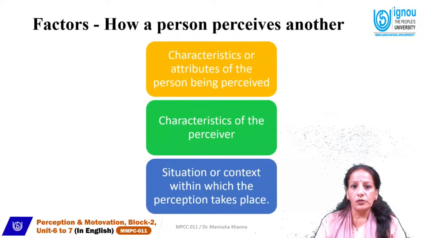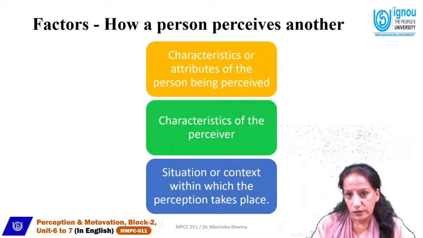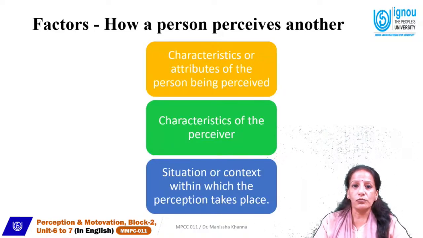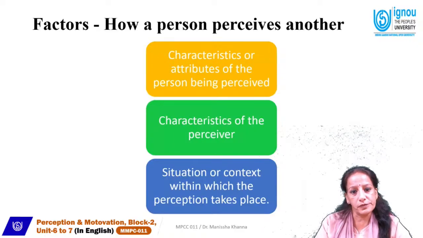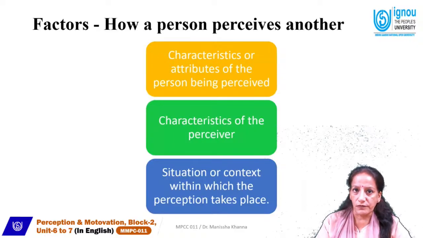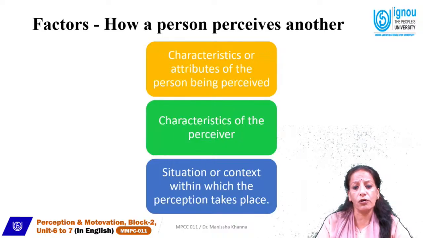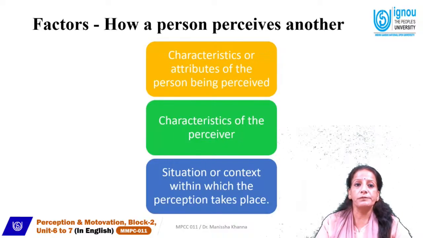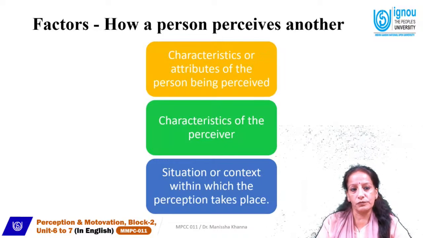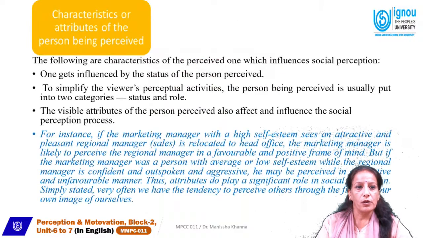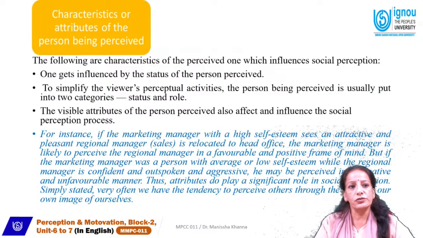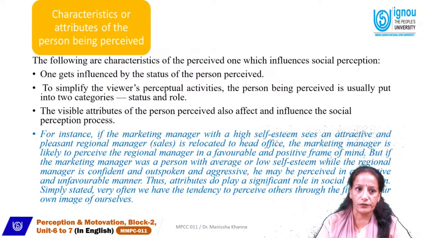So, factors in how a person perceives another. This is very important, not only at the workplace but also in a general manner. The characteristics or attributes of the person being perceived, characteristics of the perceiver, and the situation or context within which the perception takes place. So these are the three things which we can consider in how one person perceives another person. First is characteristics or attributes of the person being perceived.